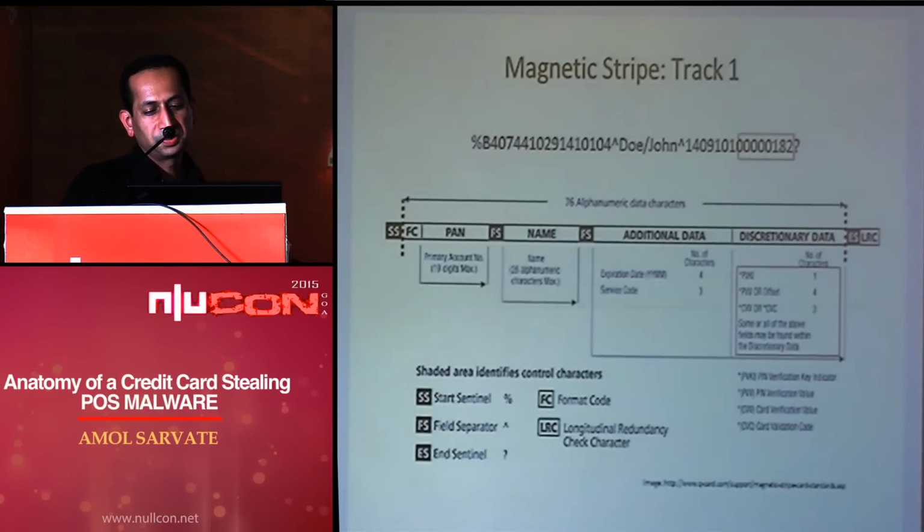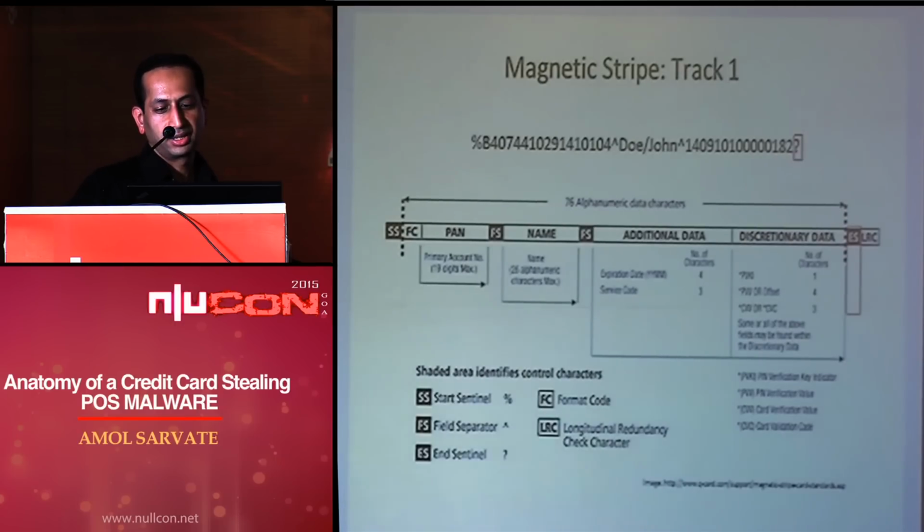Now this data is pretty important because it has the CVV, or card verification value, or the CVC, or card validation code, or your PIN. So the PIN is stored here, and it's followed by an end sentinel saying that that's it, the data is done. So pretty straightforward.